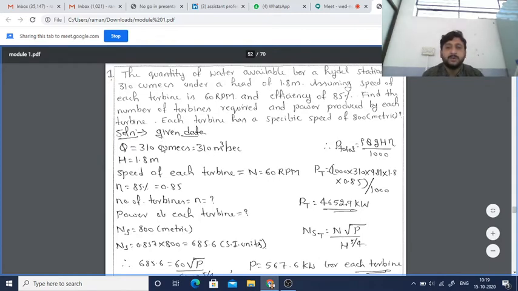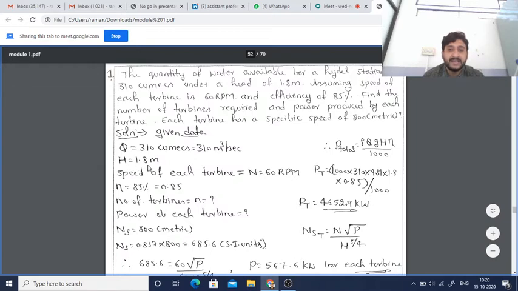Hope you have already started with this problem. First note down the data given. The quantity of water available for the station is 310 meter cube per second. Q or meter cube per second means one and the same, so the discharge is given as 310 meter cube per second under a head of 1.8 meter.